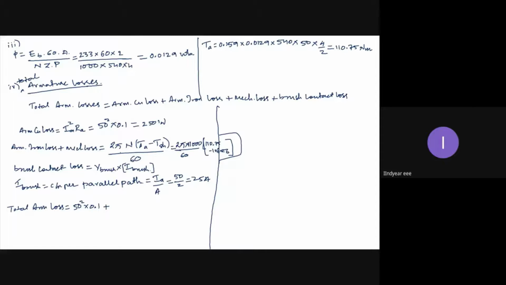So this comes out to be 407 watts. 407.35 watts.